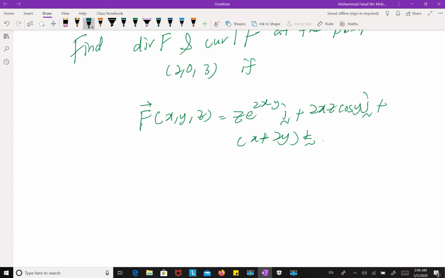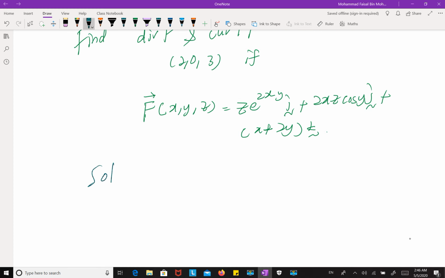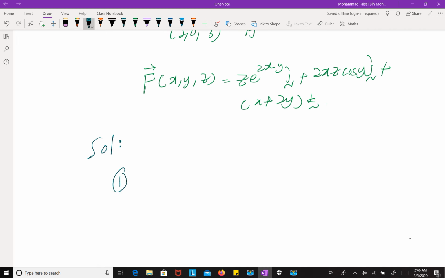So, solution. Divergence F is easy. It will be del dot F, nabla dot F. To remember this, dot is for divergence, cross is for curl.